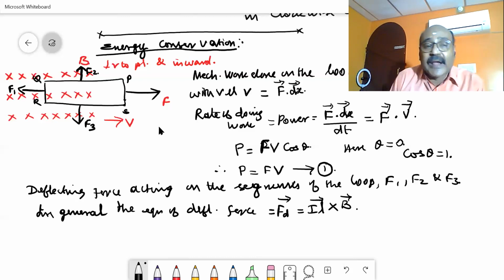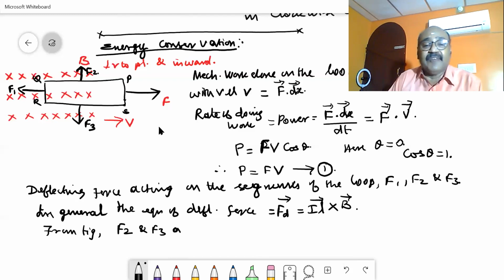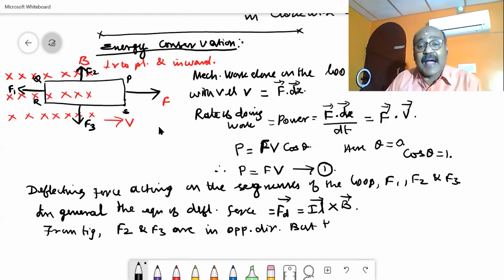When you look at this diagram, the magnitudes of F1, F2 and F3 are equal, but the direction differs. From the diagram, it is very clear that F2 and F3 are acting on the segments in opposite directions, but they are of equal magnitude.